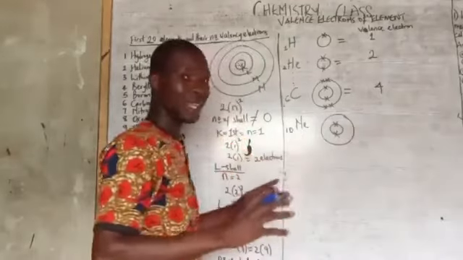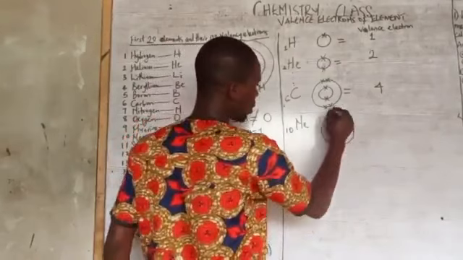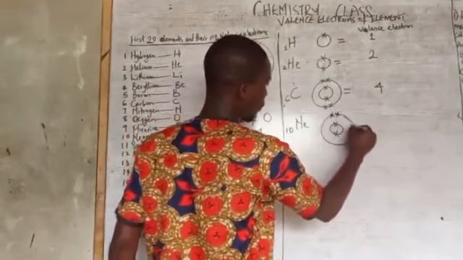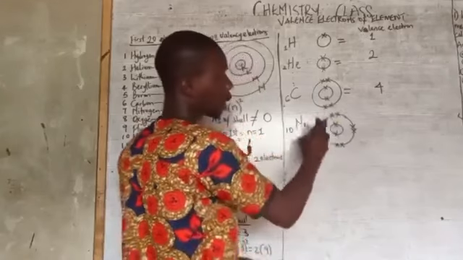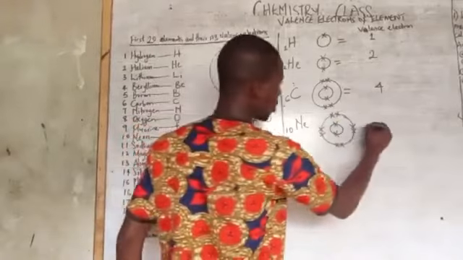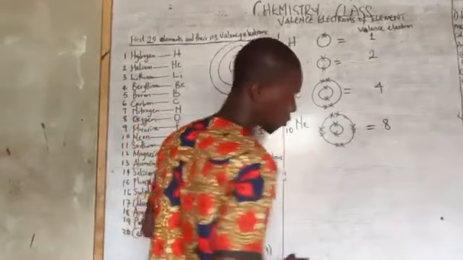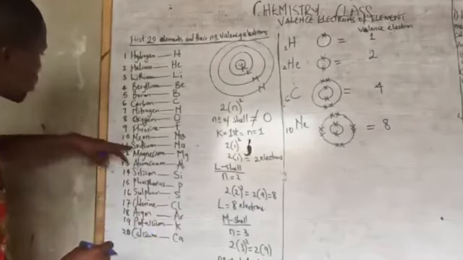Remember, neon has 10 electrons and we don't want to go beyond that 10. 2 already, remaining 8. 1, 2, 3, 4, 5, 6, 7, 8. A total of 10 electrons for neon. And the valence electron of neon is going to be 8.